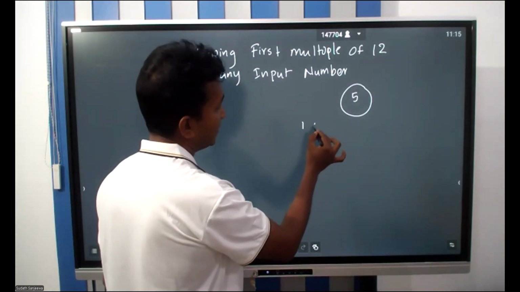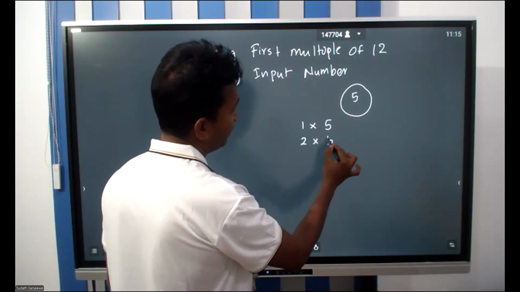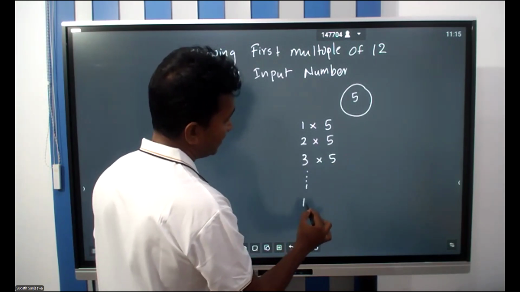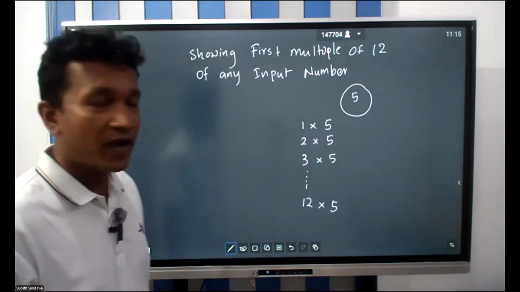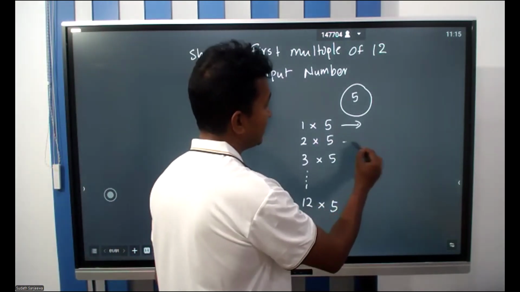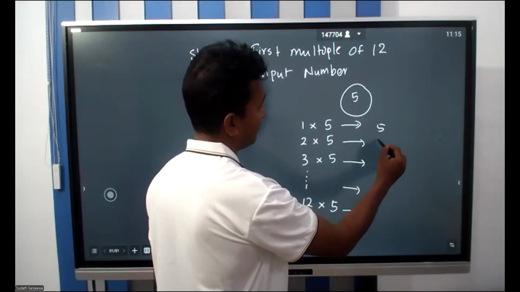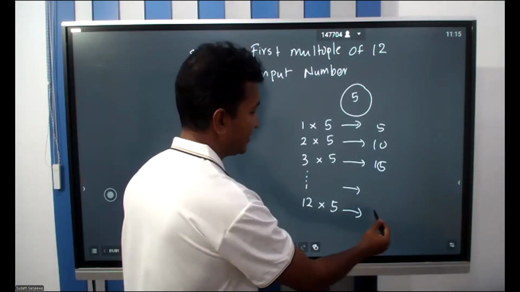That means 1 into 5, 2 into 5, 3 into 5, likewise 12 into 5. Now we are going to display this result: 5, 10, 15, like that.